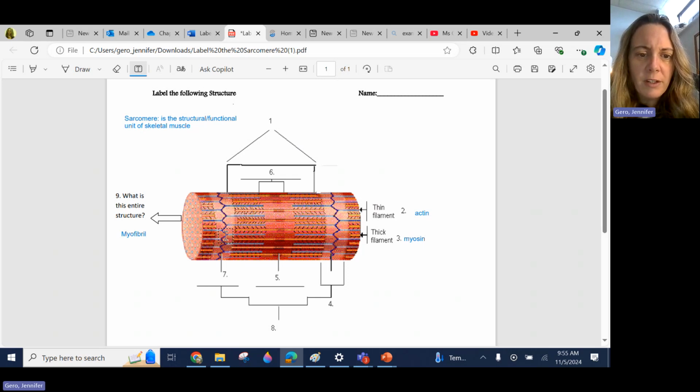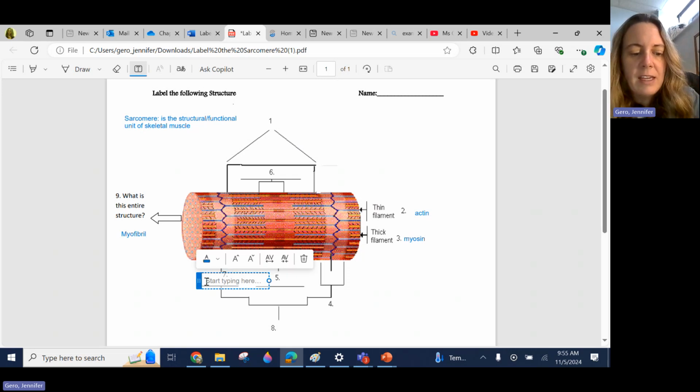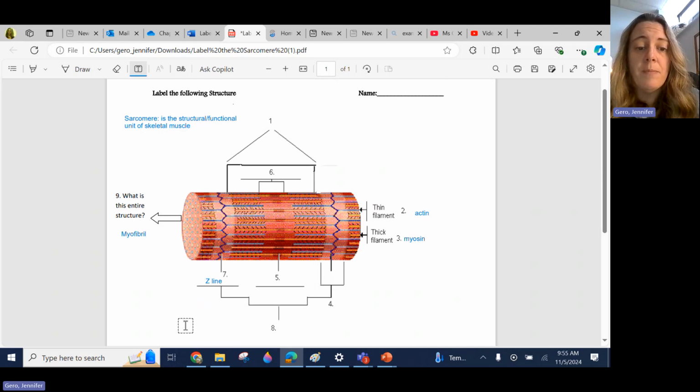So number 7 here is pointing to this specific zigzag thing, and that is called a Z line or Z disc. You might see it said as a sarcomere runs from Z line to Z line or Z disc to Z disc. Okay, I'm actually going to write disc in here as well because you're going to see both.